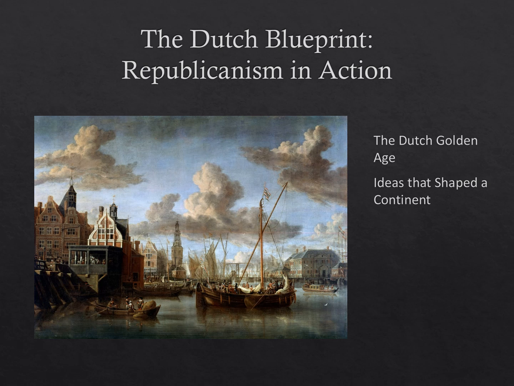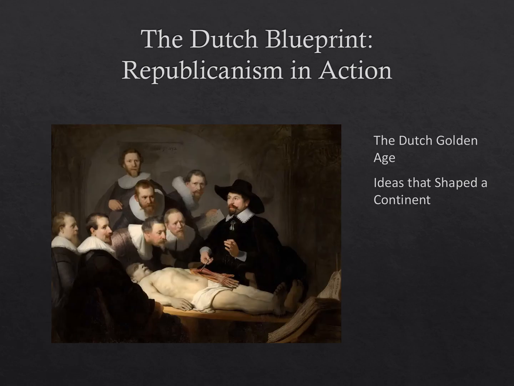The Dutch also had some pretty big ideas. The Dutch, as I mentioned, were religiously tolerant, and their ideas of tolerance became widespread. They also became big believers in having a free press, and so the Netherlands is going to be a place that people go to publish. And so there's going to be a lot of ideas.